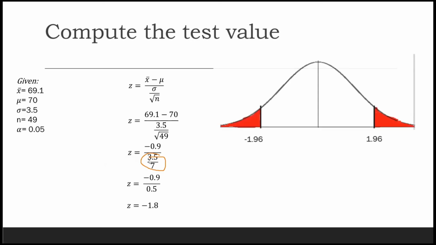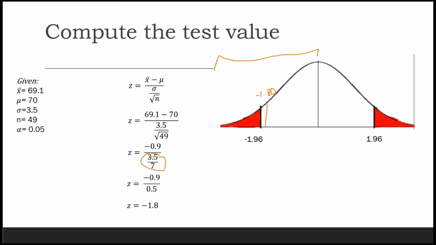So ito yung ating normal curve, and the critical value is negative and positive 1.96. So the test value is negative 1.8. Since negative siya, nandito siya sa part na to. And then, nasan ba yung ating negative 1.8? So, since this is negative 1.96, let's say nandito yung ating negative 1.8. So, negative 1.8 or negative 1.80.